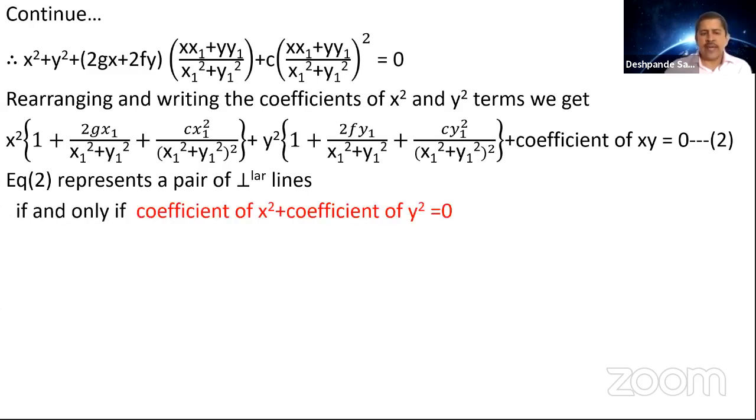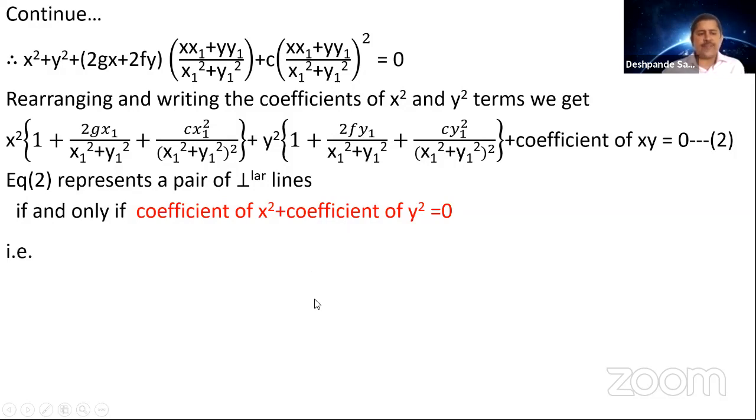If you take the equation as ax square plus 2hxy plus by square is equal to 0, recollect your first year textbook concept: the coefficient of x square is a, the coefficient of y square is b. So a plus b is 0.